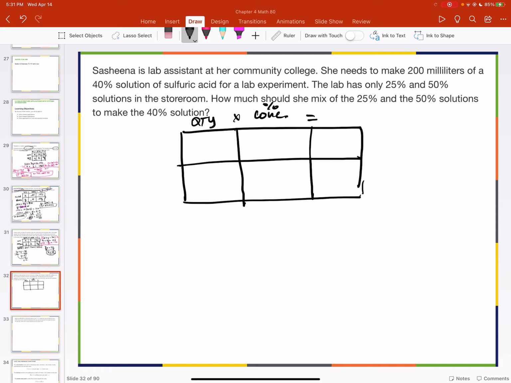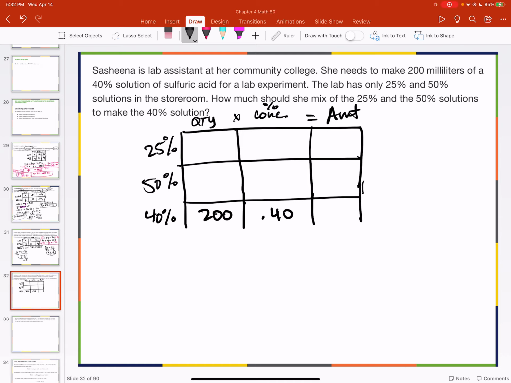Okay, amount is good. So we have two types. We have the 25% solution, and then we have the 50% solution, and then the total combined is going to be 40%. Okay, so she wants to make 200 milliliters of this solution of sulfuric acid.